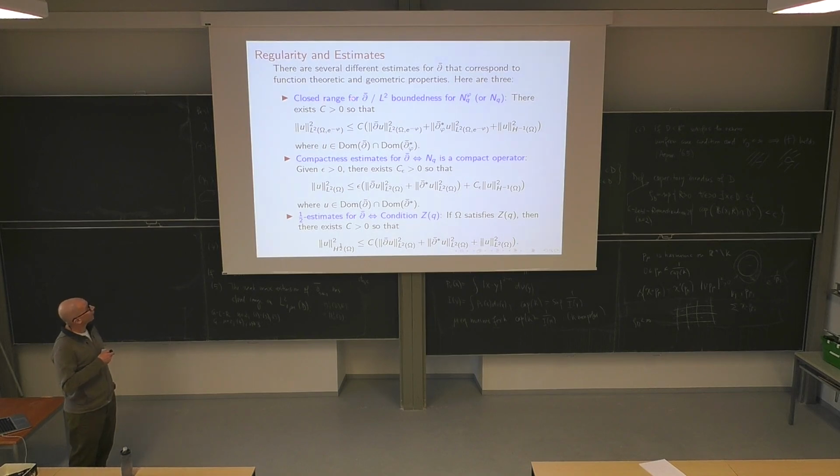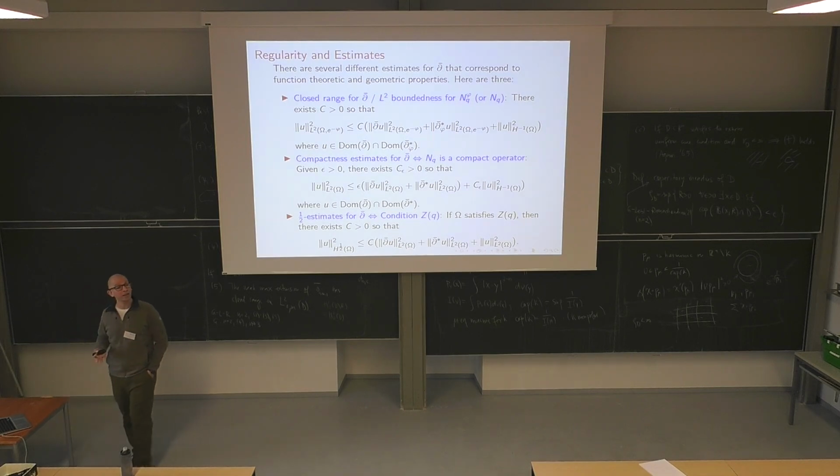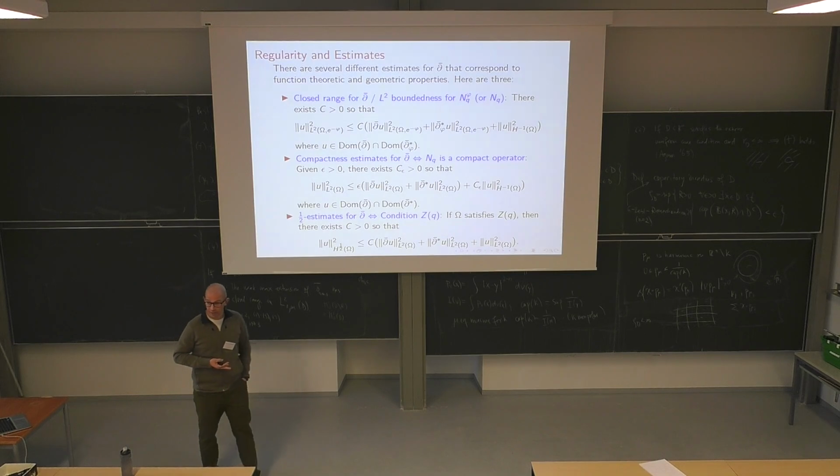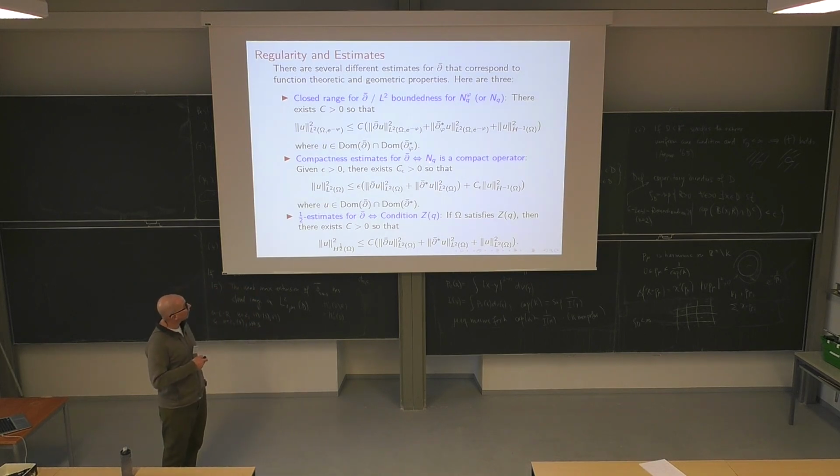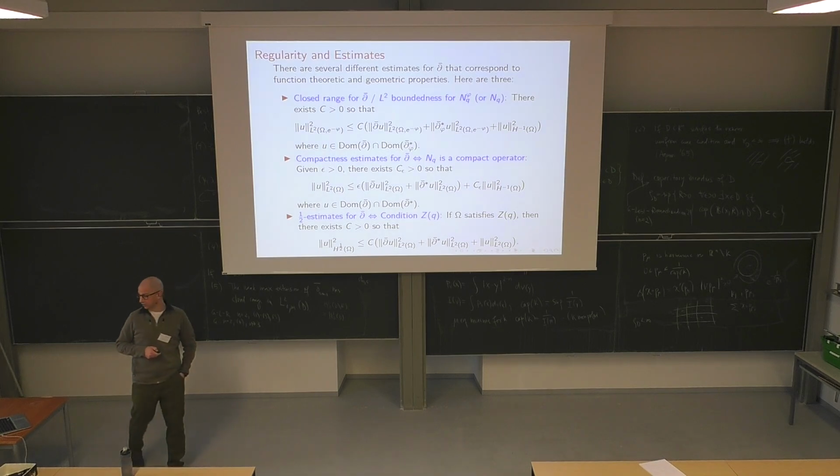So closed range for D-bar, or equivalently L2 boundedness of the D-bar-Neumann operator, we have this type of closed range estimate. A stronger regularity property would be a compactness estimate. The D-bar-Neumann operator is compact if and only if this stronger kind of L2 estimate holds.